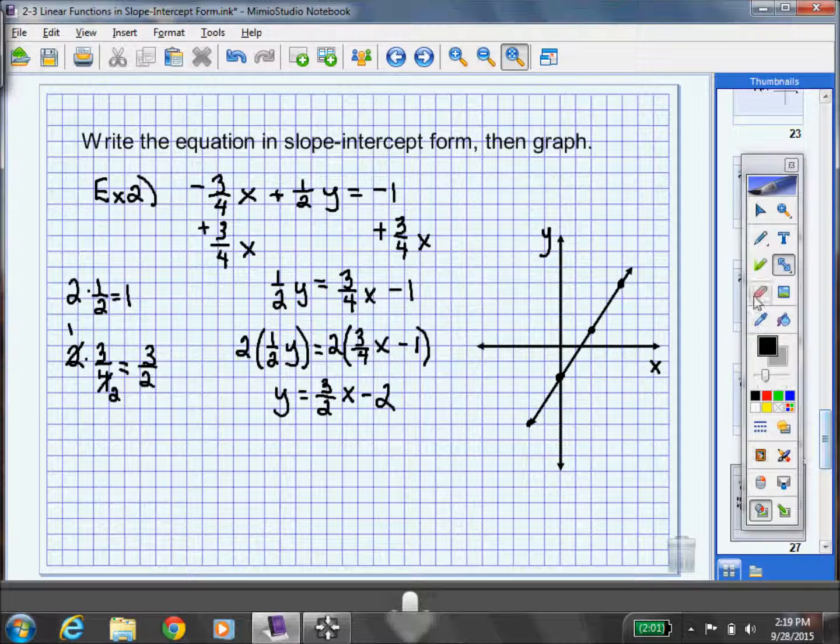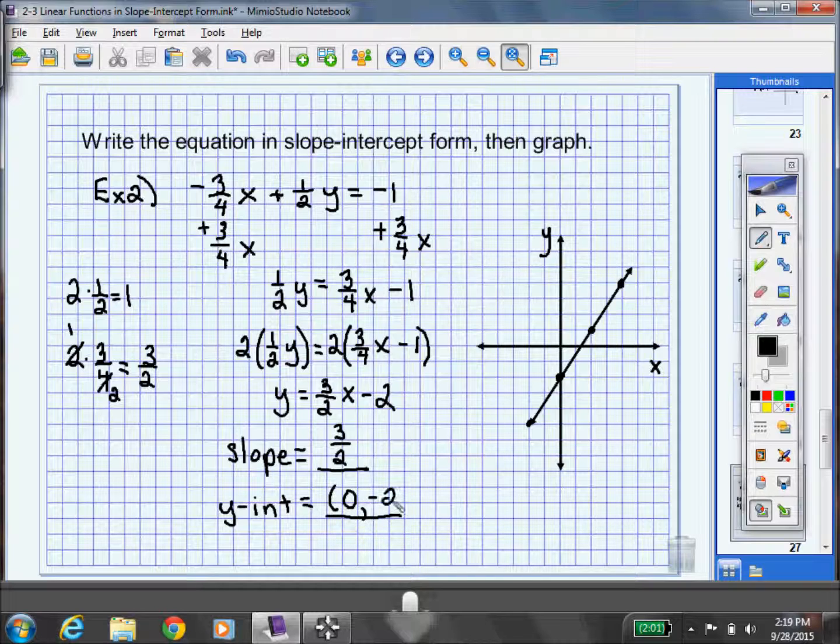All right. Now, my other question is, what is the slope? 3/2. 3 over 2. And the y-intercept? -2. As an ordered pair? 0, -2.